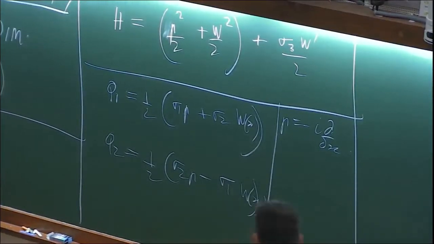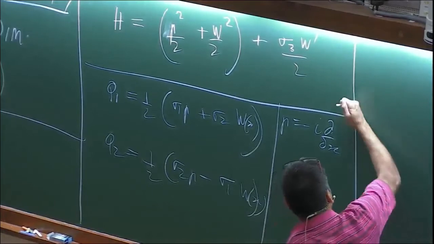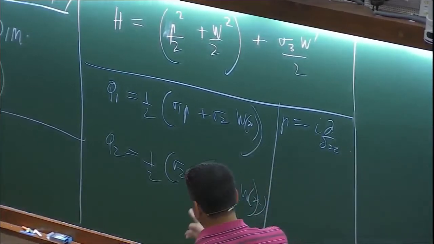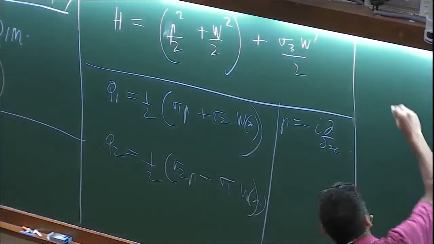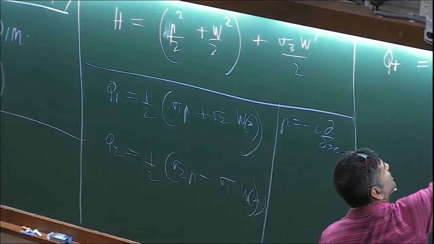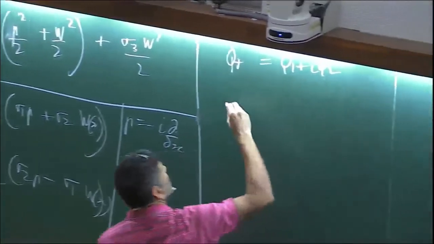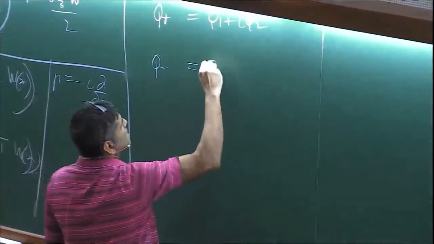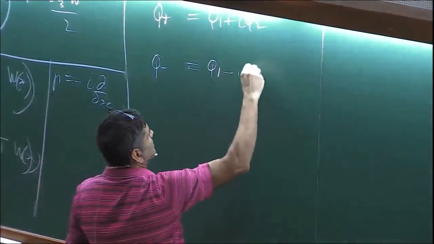Now, in order to proceed with the analysis of this theory, it is sometimes convenient to define Q plus, which is Q1 plus iQ2, and Q minus, which is Q1 minus iQ2.